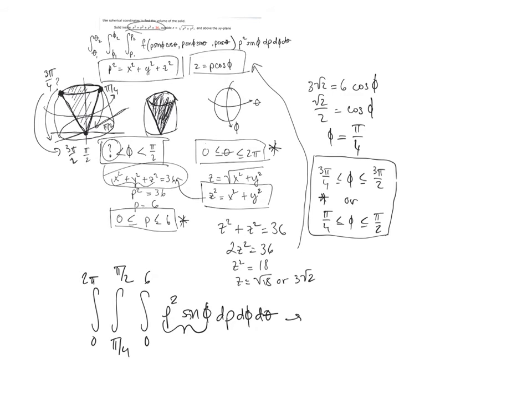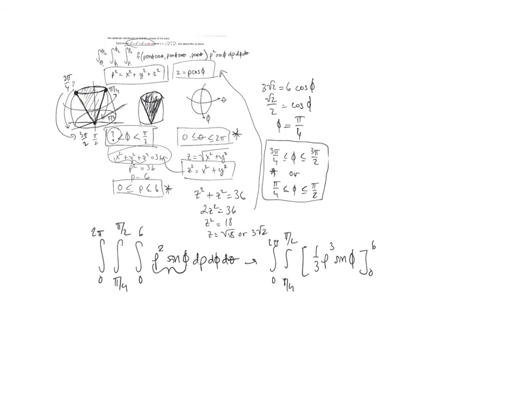So now integrate the inside first with respect to rho. So you have the integral from 0 to 2 pi, pi over 4 to pi over 2. The inside will be 1 over 3 rho cubed sine of phi from 0 to 6. You plug in 0, you get 0. You plug in 6, you get 216, and 216 divided by 3 gives you 72.